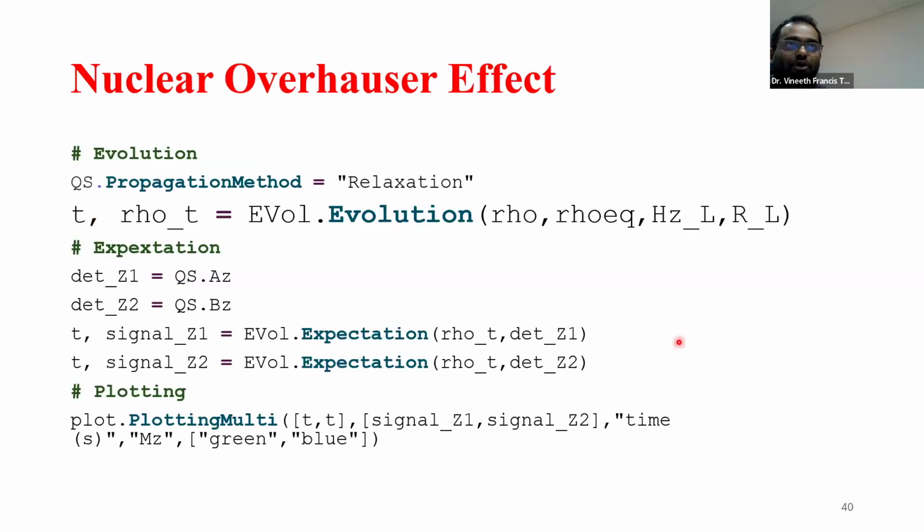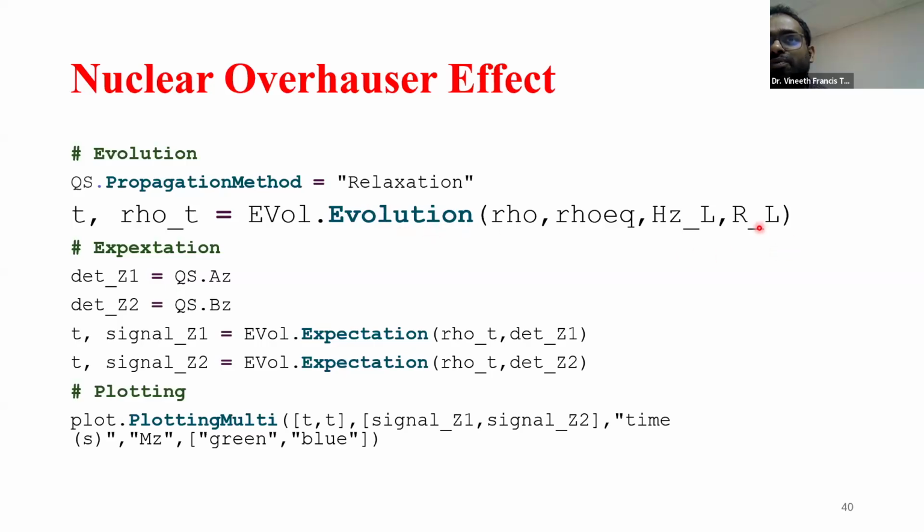Now you want to evolve. So you're going to evolve exponentially. You can use the relaxation variable as a method, and it will propagate exponentially with relaxation in it. Now you can evolve using the function we used previously.